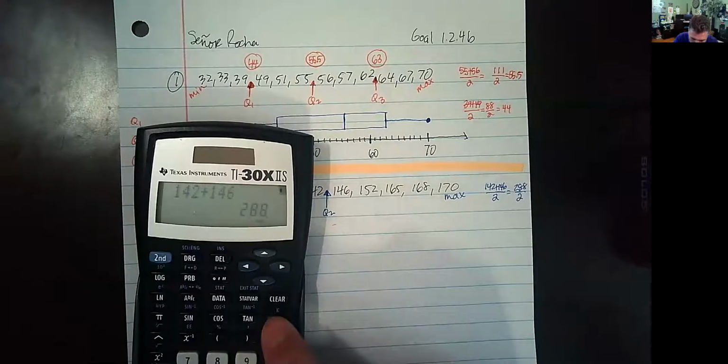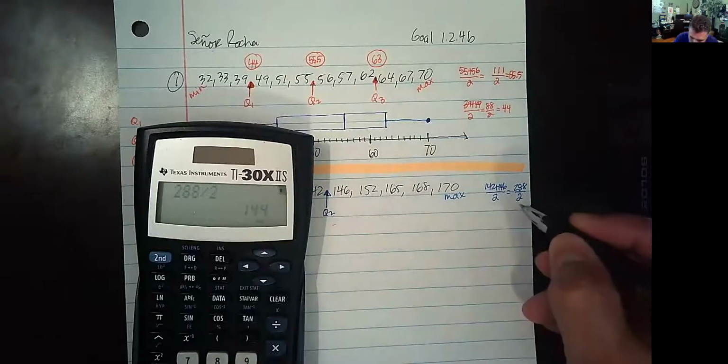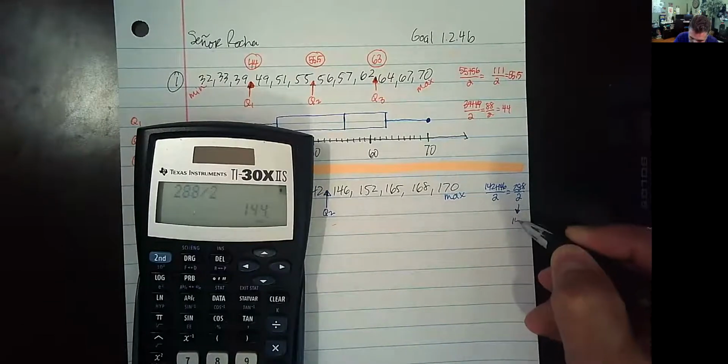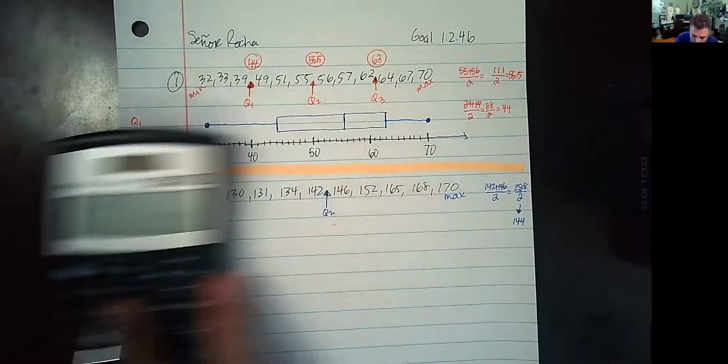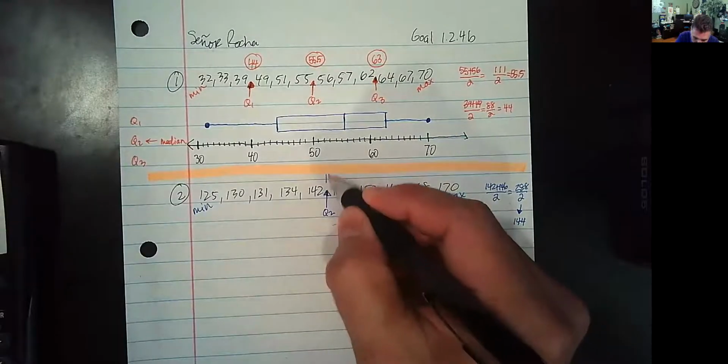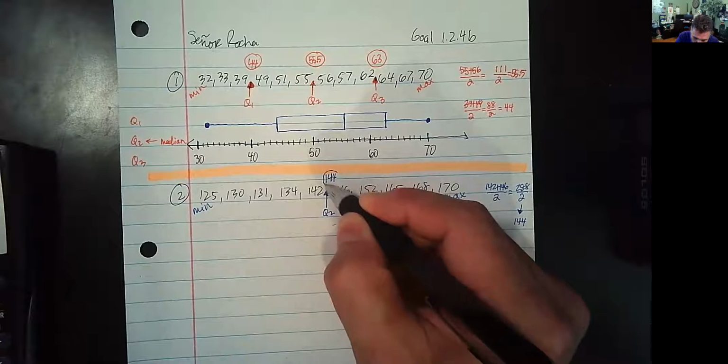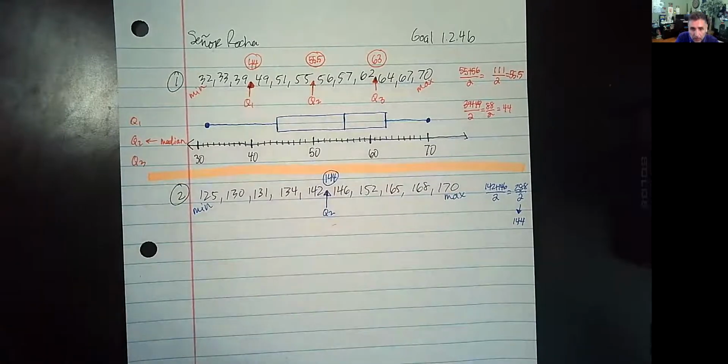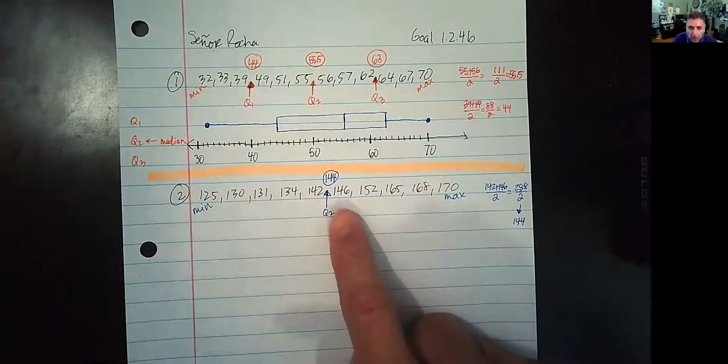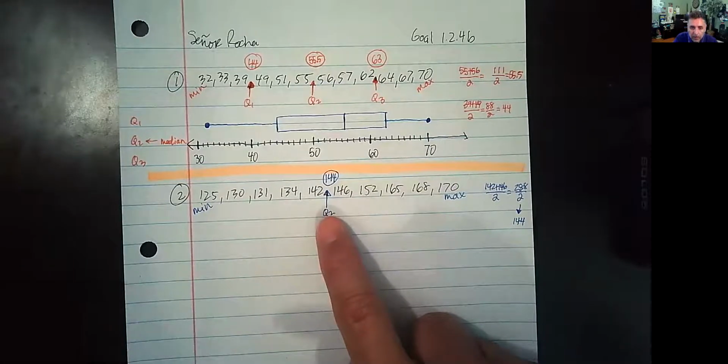Then you divide 288 by 2, and we get 144. I'm going to put my answer down here because I ran out of space. So I know Q2, or the median, is 144. Some of you could probably figure that out. I think I could have guessed it correctly, but I didn't want to guess.